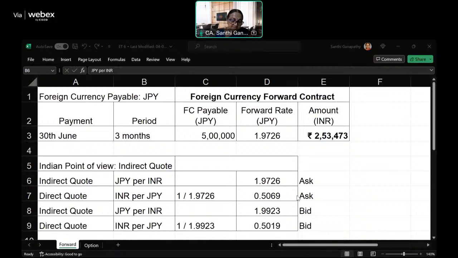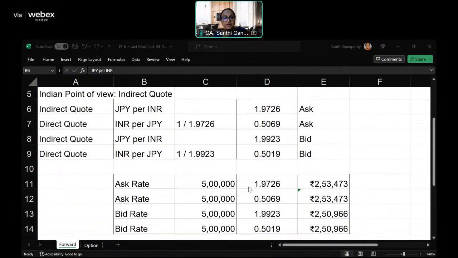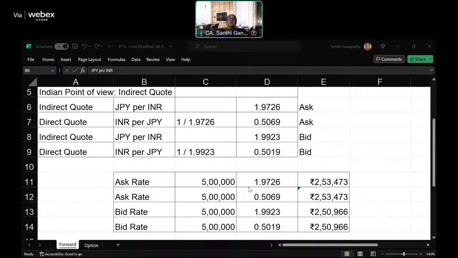So either straight away, understanding that in an indirect quote, it will be like this, you can do. Alternatively, you can convert it into a direct quote and do. Or you can apply the rates and check where it is more, where it is less. Obviously, the bank will collect more money from you and accordingly decide. If you are through with this, we can move on to the next one.